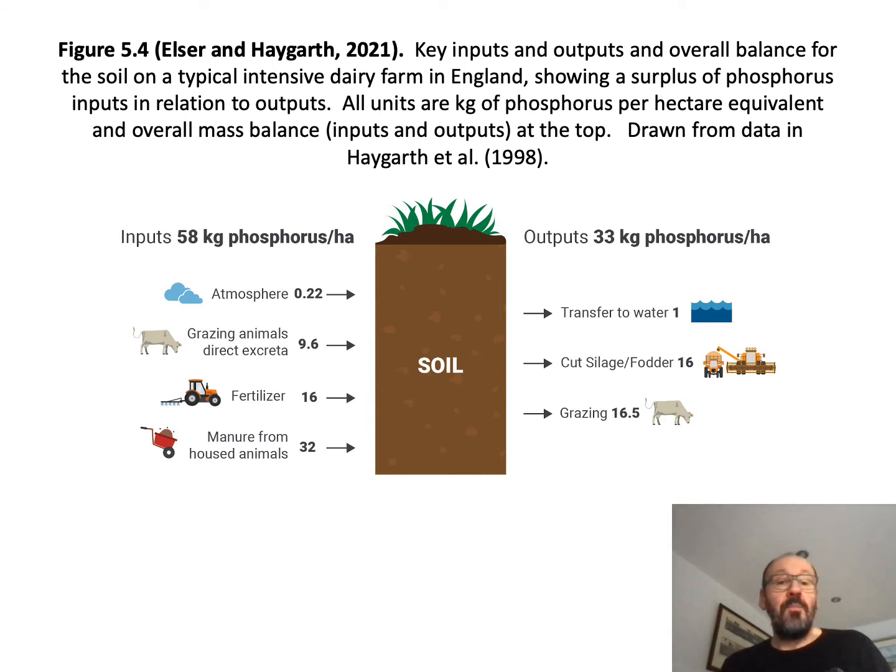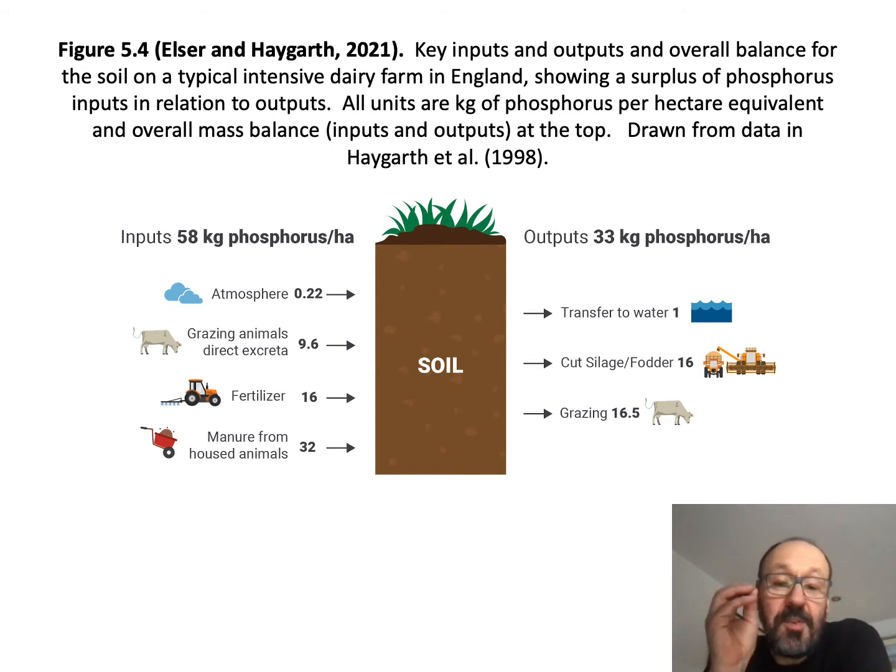What we show here is an example of the phosphorus balance on a modern farm. The very simple point is that typical inputs are about 58 or 60 kilograms of phosphorus per hectare to this dairy farm that Haygarth et al. studied, and the outputs were around 33 kilograms of phosphorus per hectare, with these different components to that.